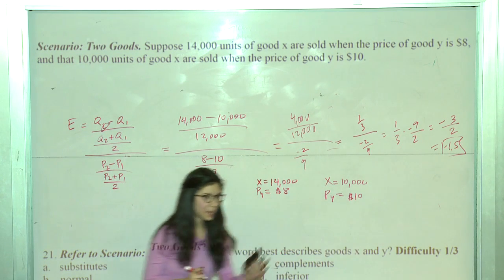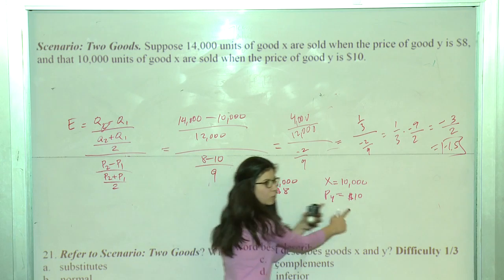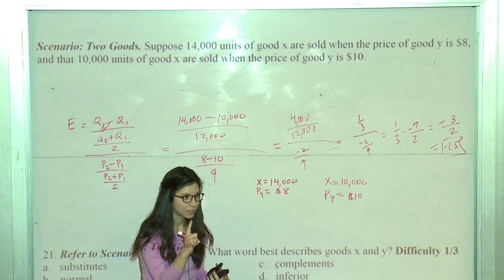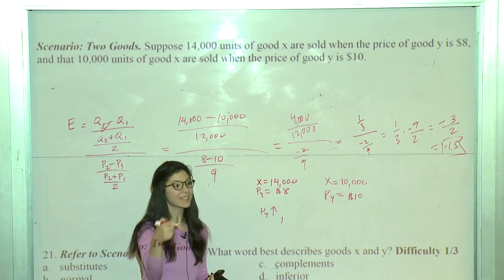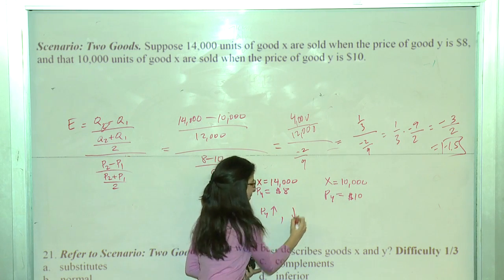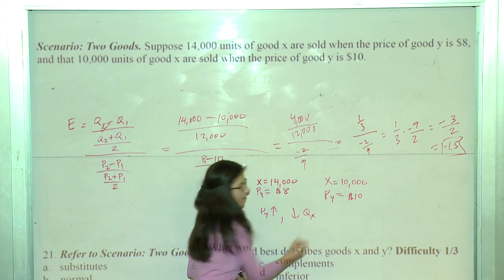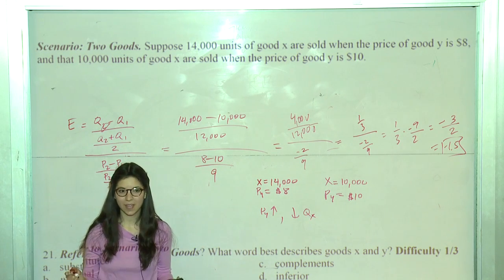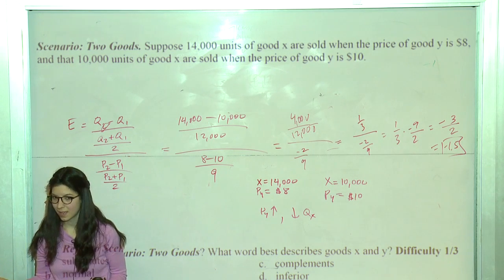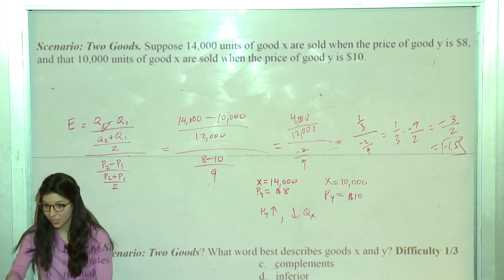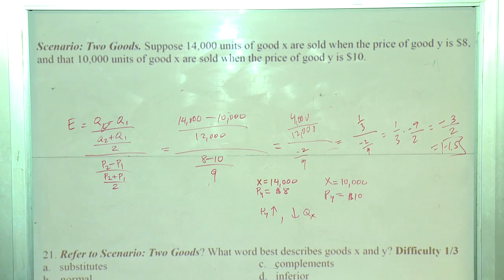So basically what's happening is that when the price of Y increases, so PY increases, there's a decrease in the quantity of X. So when the price of one good increases, and that causes a reduction in the quantity demanded of the second good, we call these goods complements, right?